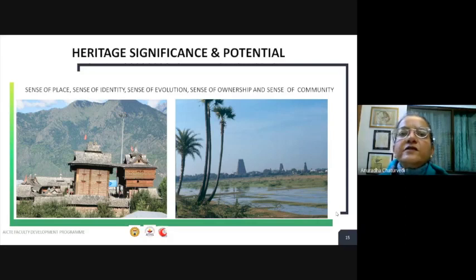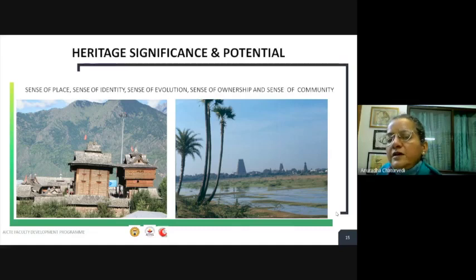So on the left, you can see the Rampur Sarahan complex, which testifies to a particular climatic response, to evolution within a particular geographical context, and which provides a sense of identity and a sense of place, a sense of ownership, and a sense of community, which is very different from the site on the right.